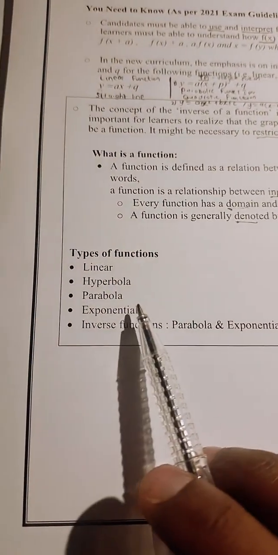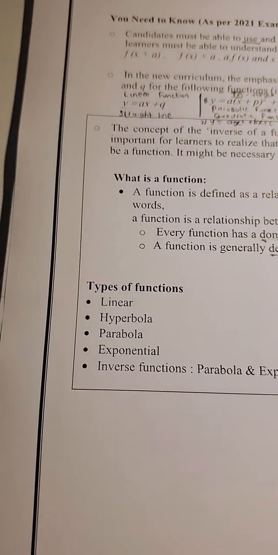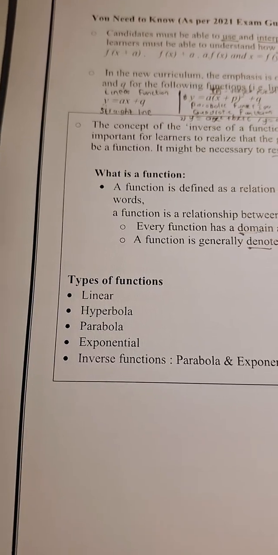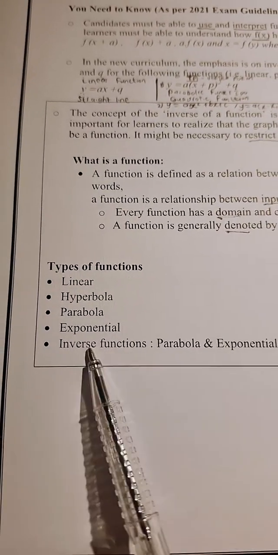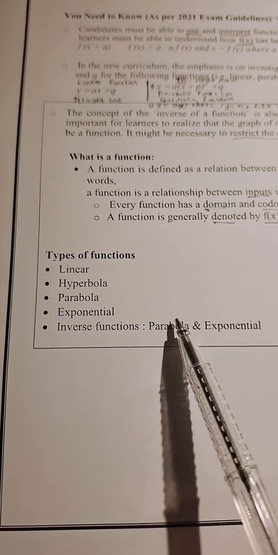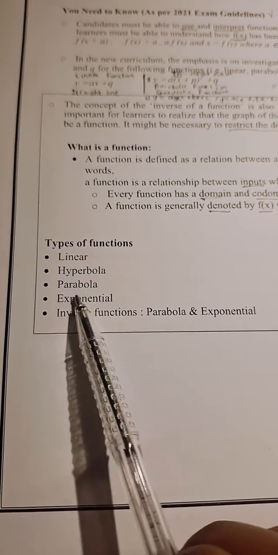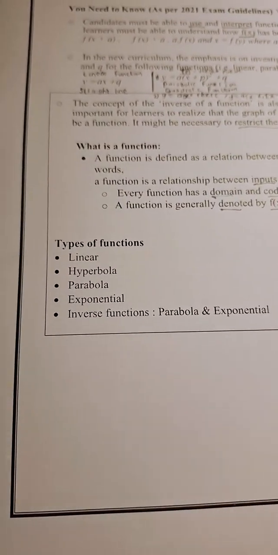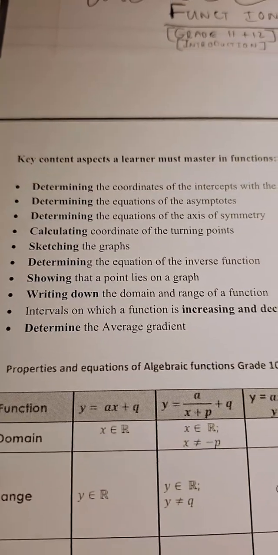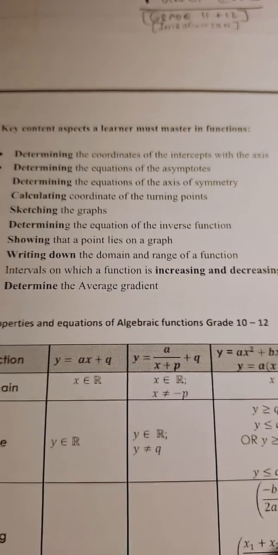And I'll be unpacking that for you guys, but that is not a function. So we'll look at the specifics. Okay, I know you guys have a lot of questions, but if you can allow me to unpack things one by one, we'll be fine.